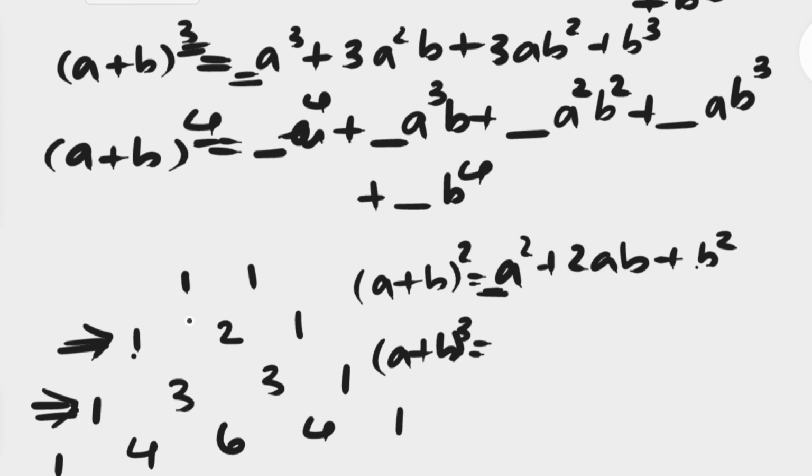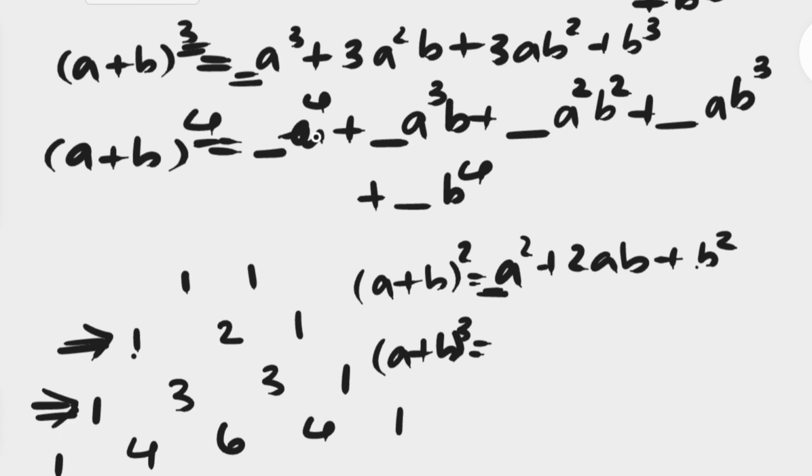This is the connection. 1 is the coefficient of a cube, 3 is the coefficient of a square b. Again 3 is the coefficient of ab square, and 1 is the coefficient of b cube. By this similarity, we can also write the coefficients of (a+b) the whole raised to 4 in its expansion. What is it?